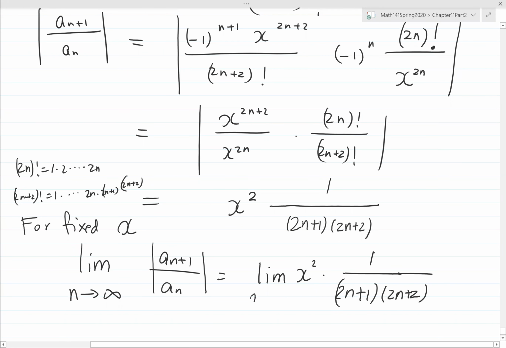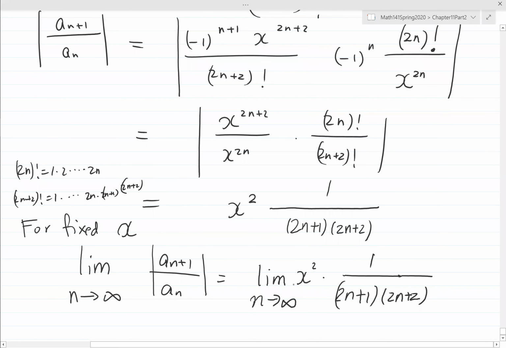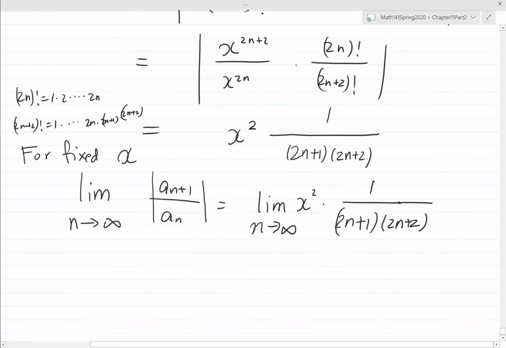Now as n approaches infinity, x is a constant here, and 1 over that denominator approaches 0. The denominator can be arbitrarily large. So this is x squared times 0, so we get 0. Now 0 is always less than 1.